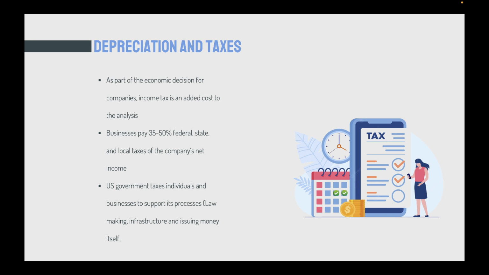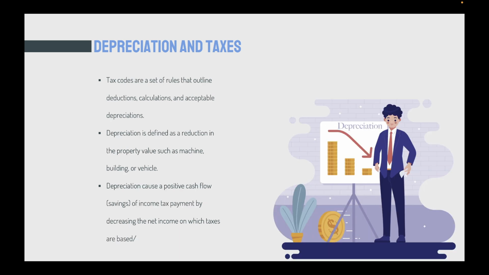You and the employee pay to the government, so you keep that in mind as part of your cost if you want to be very precise in your calculations. Businesses always pay 35 to 50% federal, state, and local taxes on the company's net income. The US government taxes individuals and businesses so that it will be able to support processes like lawmaking, infrastructure, and issuing or making the money itself.